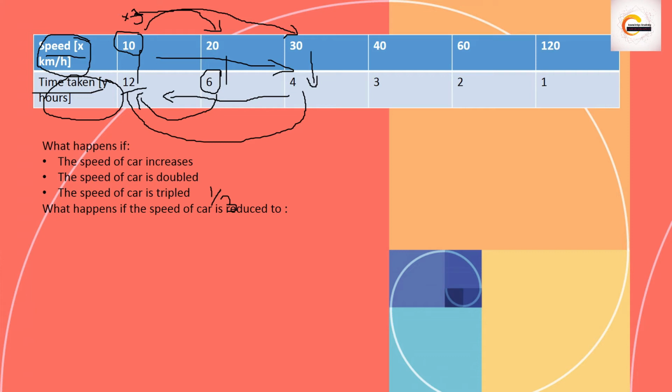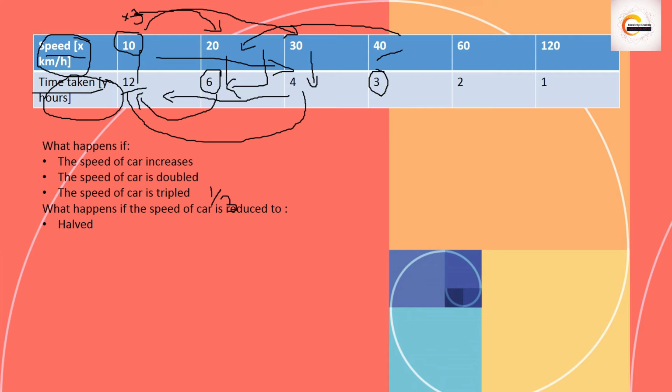All right, now next let's reduce the value of the speed and consider the pattern. What happens if the speed of the car is reduced to half? Let's reduce 40 to half. Half of 40 is 20. If the speed of the car is reduced to half, what happens to its corresponding time?